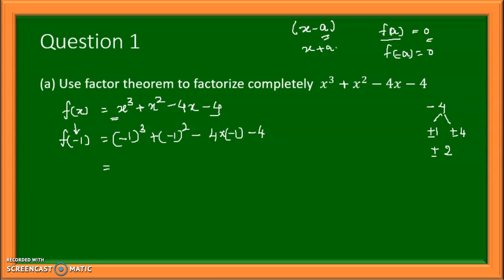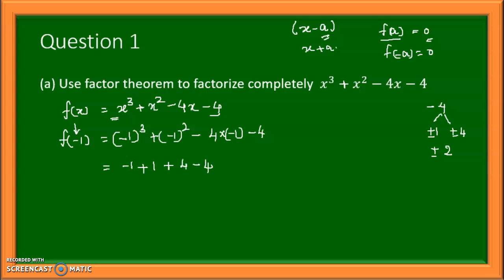If f of minus 1 is equal to 0, then x plus 1 should be a factor. Minus 1 cube becomes minus 1. Minus 1 square becomes plus 1, and minus 4 into minus 1 becomes plus 4, and minus 4.